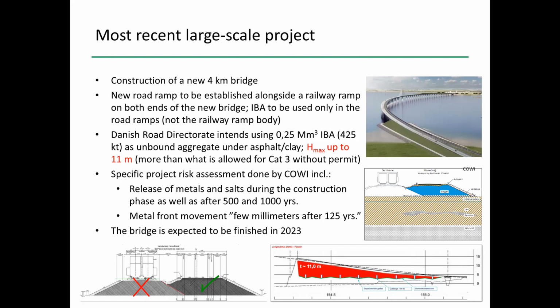So the Danish Road Directorate, which is the investor, intends to use 250,000 cubic meters of bottom ash, which is something around 430,000 tons, as unbound aggregate under the asphalt or clay, with a maximum filling height of up to 11 meters, which is more than what is normally allowed for category 3 applications without permit.